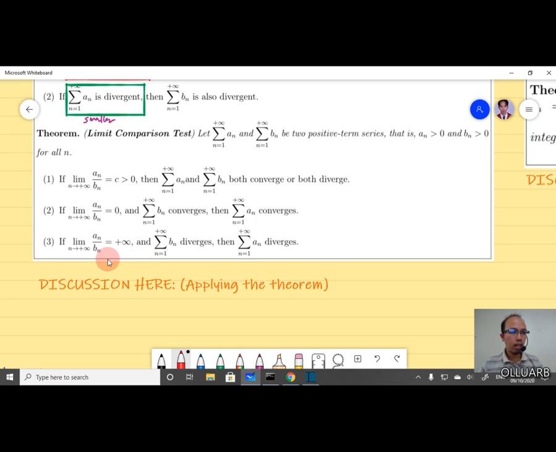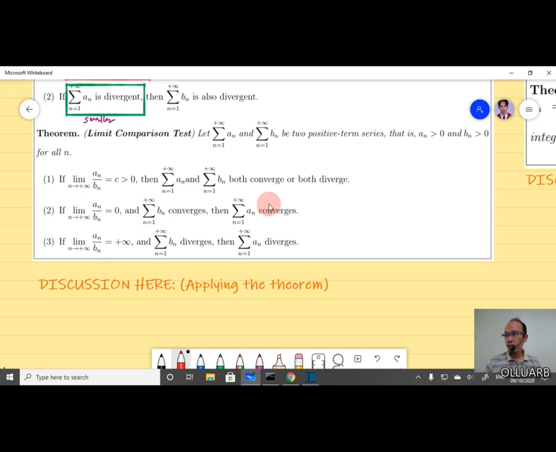And if the limit of the quotient is positive infinity and your b sub n is divergent, then a sub n is also a divergent series. So this is how you are going to use the limit comparison test.